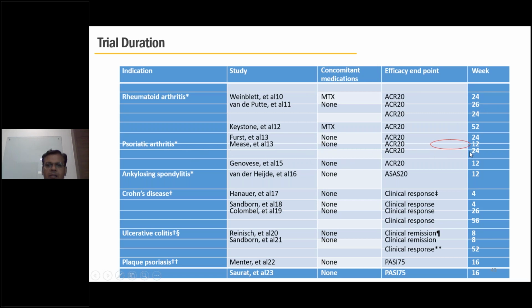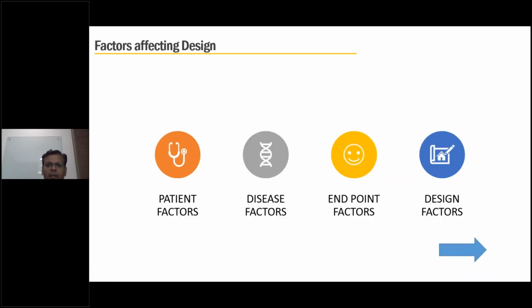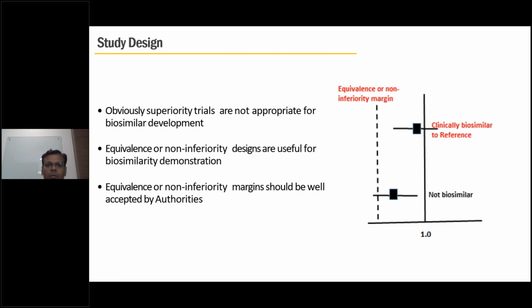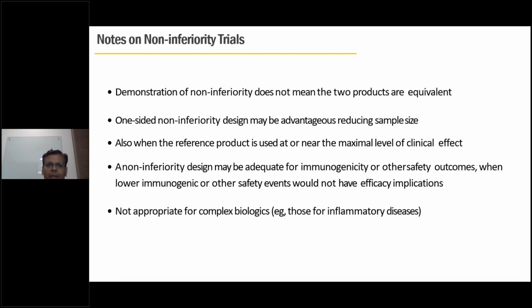It is as low as 4 weeks if you do a study in Crohn's disease, and as long as 52 weeks for an indication like psoriatic arthritis. So there are various parameters which affect the efficacy of various adalimumabs when we try to compare them by doing various studies.